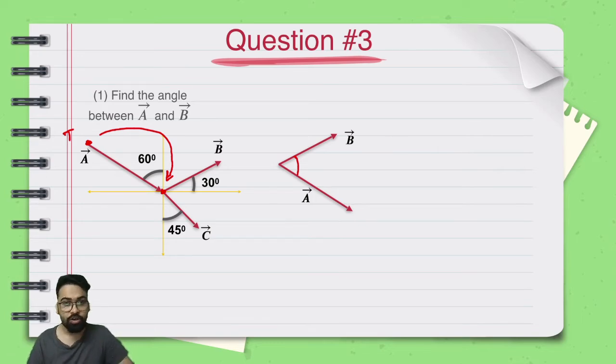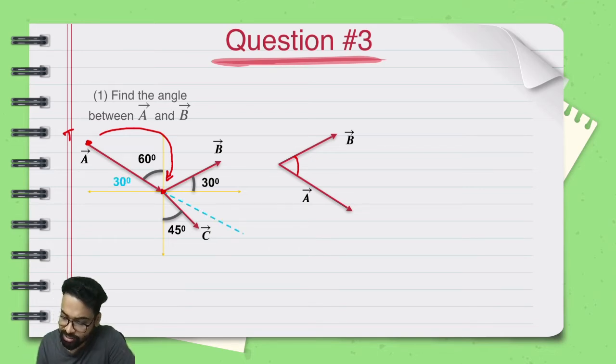Now if I want to find the angle, the next thing I'm doing is extending it, right? I make this extension, and I can say for sure that this angle must be 30 degrees, because overall the second quadrant angle total is 90 degrees, and 60 means that 30 should be left, 90 minus 60, right?